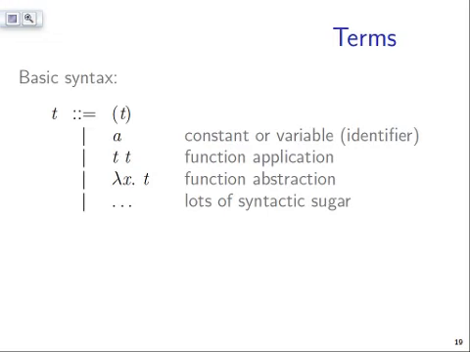I will introduce that syntactic sugar as we go along, but the core of it is just these three constructs. And that's just known as the lambda calculus. So if you're familiar with a functional programming language, I do assume that your lecturer mentioned lambda calculus.